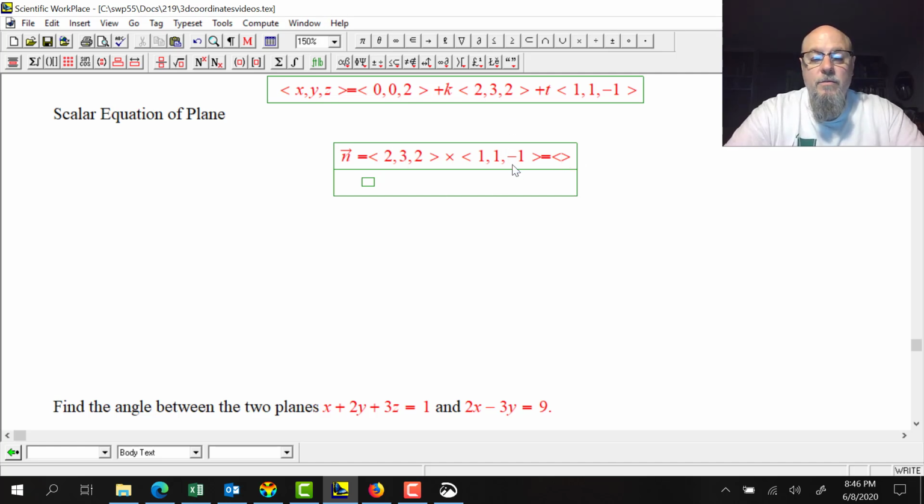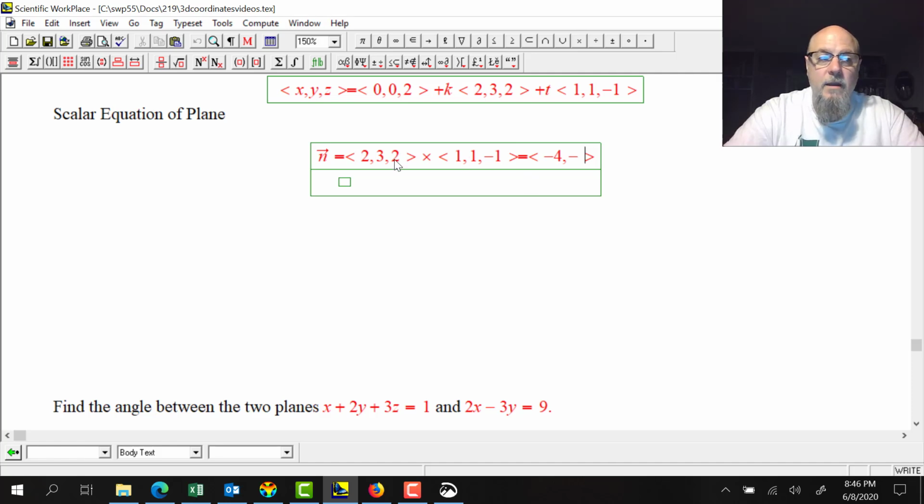That's going to be -2, -2 minus 2 is -4. The middle one is minus, that's going to be -2 minus a -2, that's going to be 0. And the last one is going to be 2 minus 3 is -1.